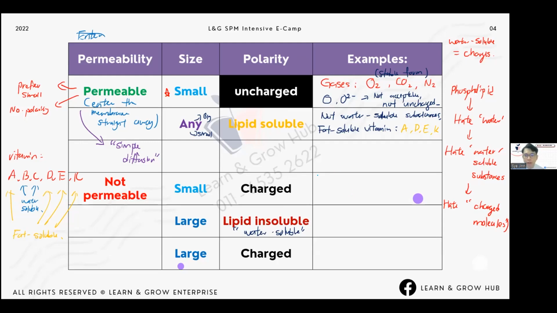So all the ions, because an ion is either positive or negative charge, are not able to go through the plasma membrane straight away. Examples are what we eat: salt, sodium ion, chloride ion, potassium ions, and so on.